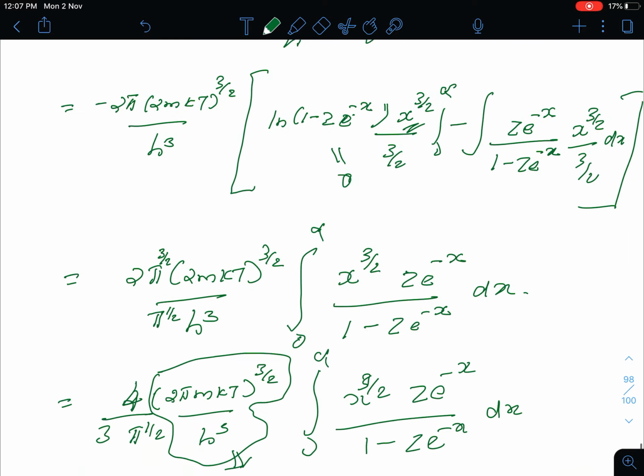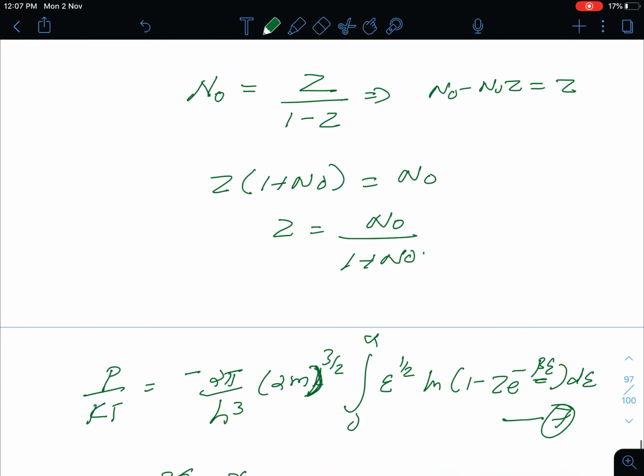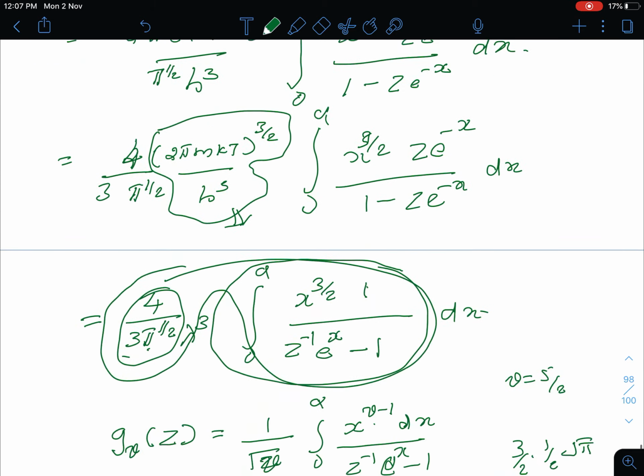So just write, what is that? I take n0 to the other side, n minus n0 all divided by v. I am dividing throughout by v because you have a v here. So the v goes away, and you have 1 by v here. So that 1 is n0, so I can write n0 by v, and on the other side n minus n0 by v.